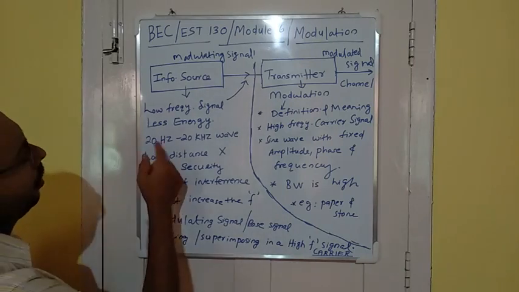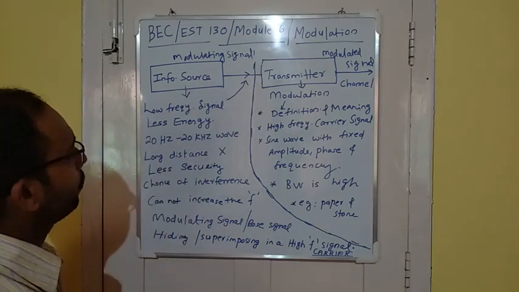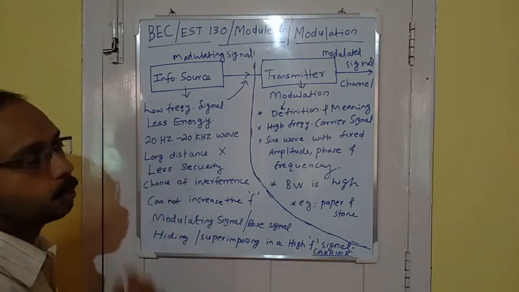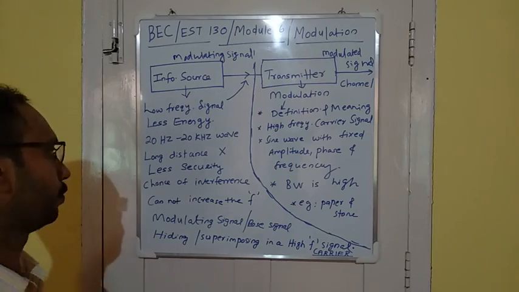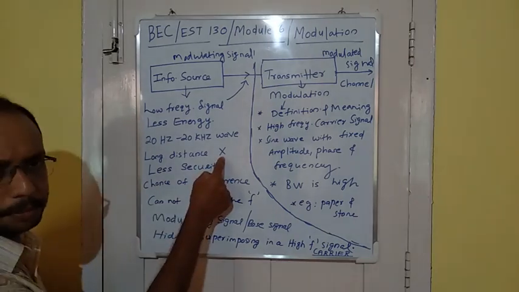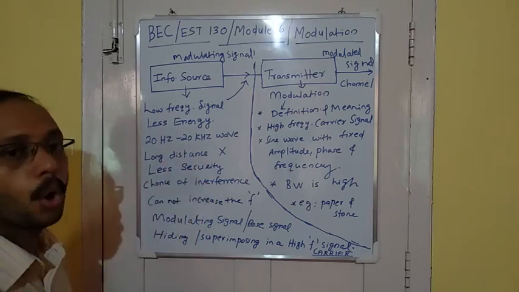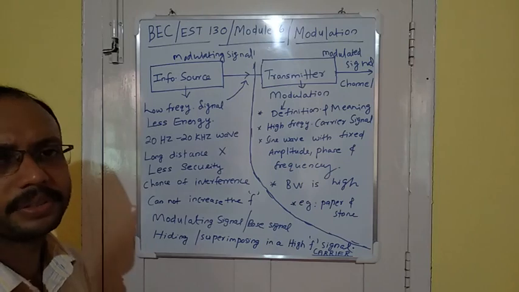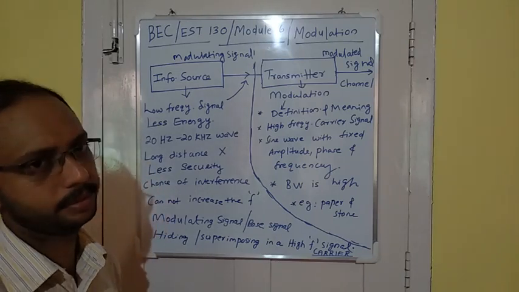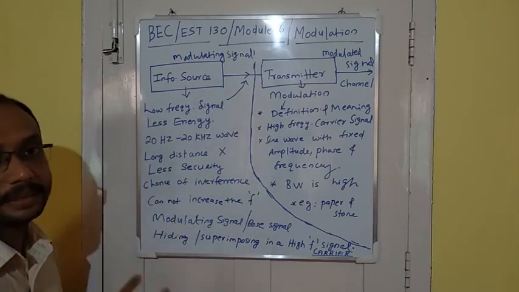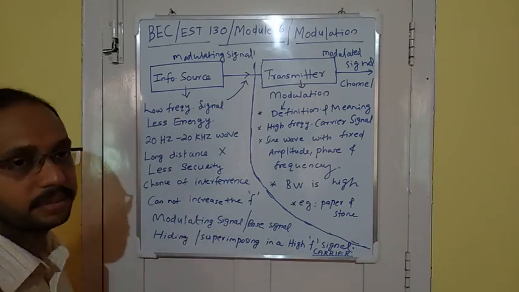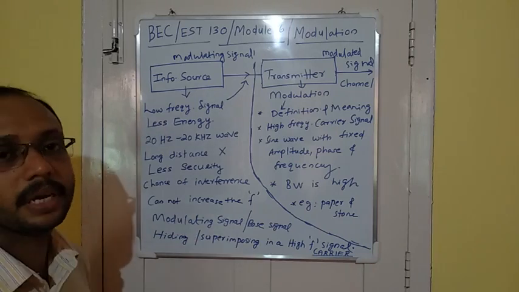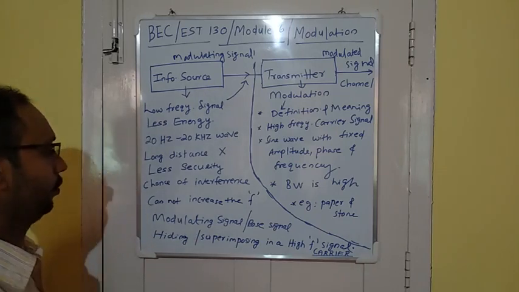This low frequency signal means a signal or wave with a frequency range of 20 Hz to 20 kHz. Then we cannot transmit this signal over a longer distance. Then the security of this low frequency signal is very less. That means there is a chance of interference or noise during the travel of this signal.